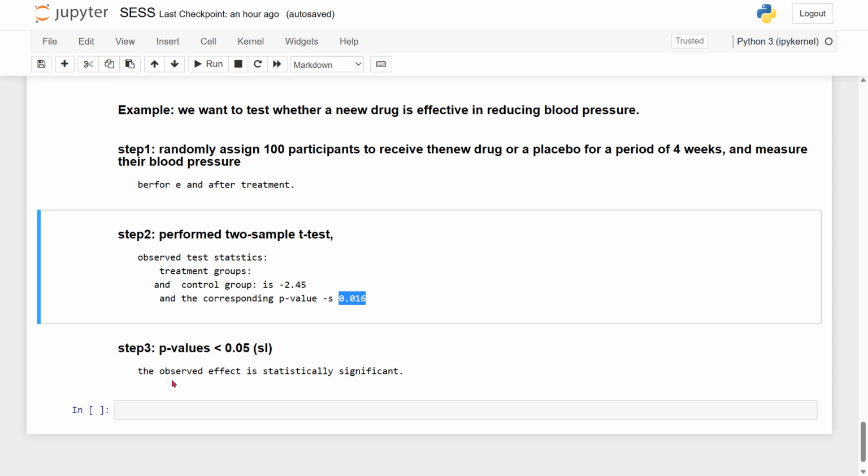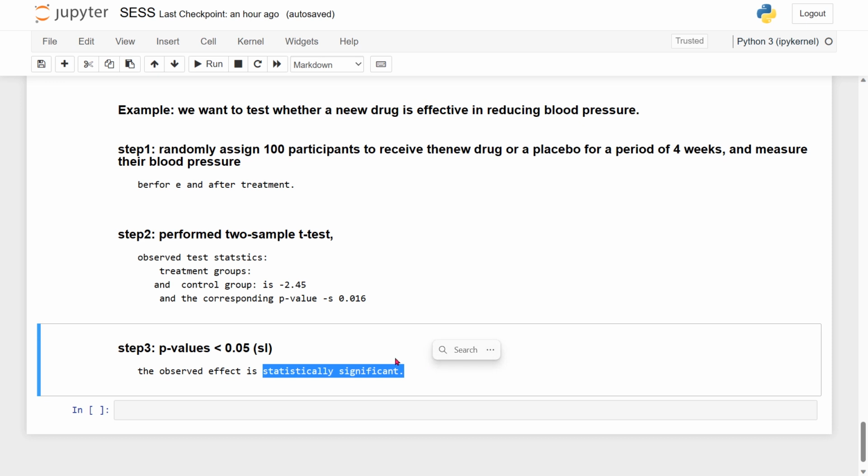That's what we have said here. We have rejected the null hypothesis and we are saying that the observed effect is statistically significant. It's not just because of randomness or random chance. That's how, by using the p-value and the significance level alpha, we decide statistical significance.